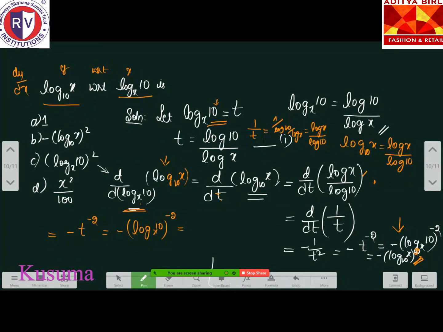Or this is nothing but minus of log 10 divided by log x to the power minus 2. So this is the entire term.